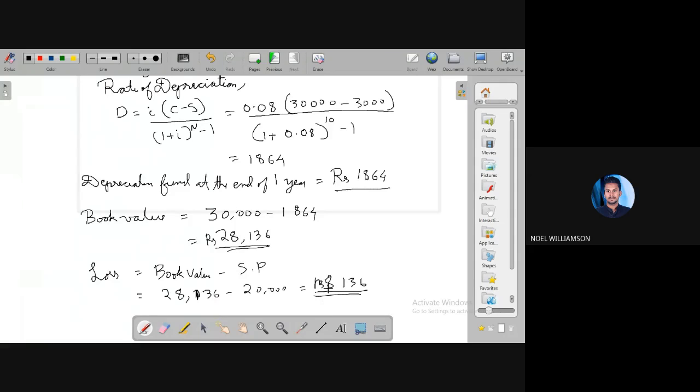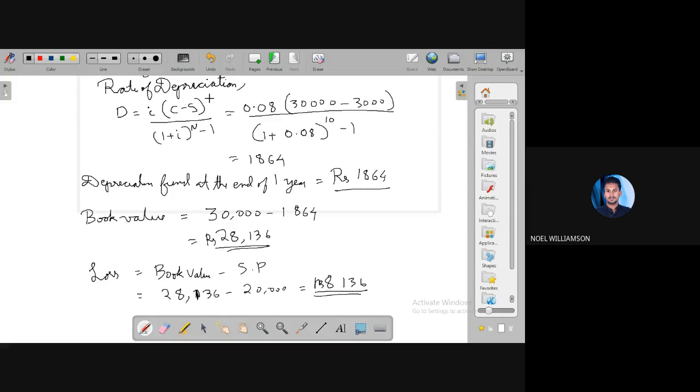Okay, right? So in the sinking fund method, what we do is, we are keeping a particular amount as a sinking fund, which is given by the relation d equal to i into (c minus s) by ((1 plus i) whole raised to n minus 1). Now, after finding this, you will find the book value by just reducing this same value from the initial cost. So that will be the present value or the book value after 1 year. But in the question it is given, we have sold the product for 20,000 after 1 year.